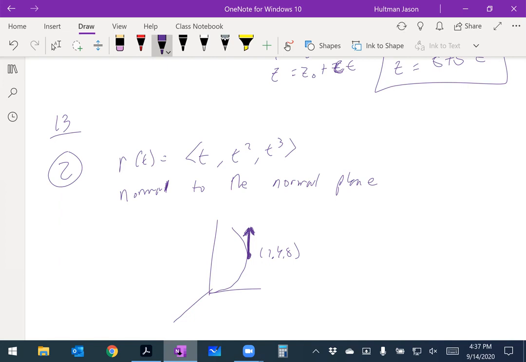Normal to the tangent is the normal line. This is normal to the tangent, but this is the plane that I'm interested in, the normal plane. Wouldn't the normal line be part of the normal plane? And so wouldn't the vector that's normal to that normal plane be the original tangent?